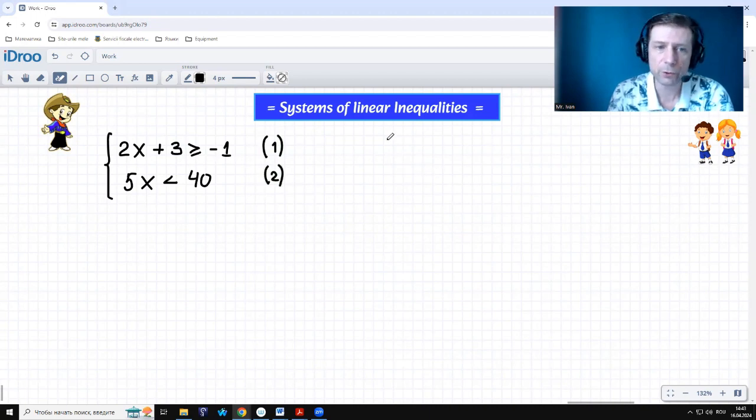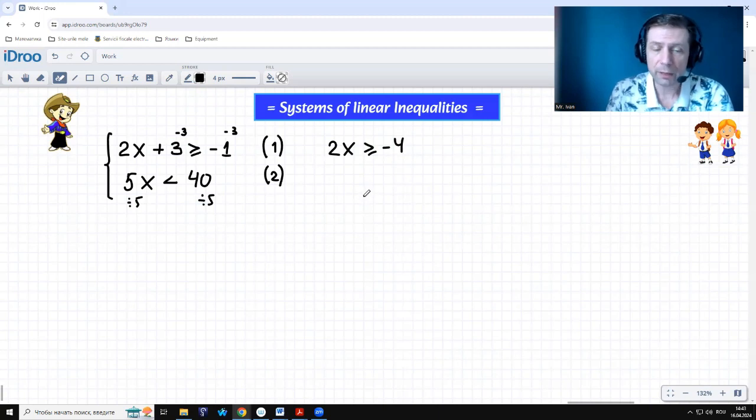Okay, so with the first one, let us subtract 3 from both sides, okay? With that we'll get 2x is greater than or equal to -4. And then the other one, 5x is less than 40, we just divide both parts by 5, okay?